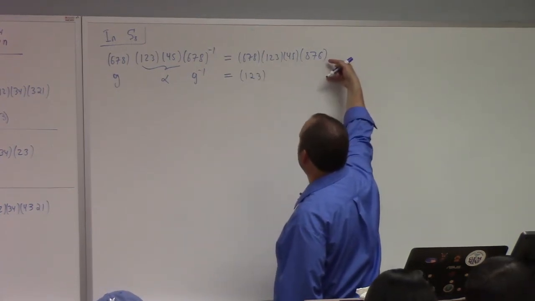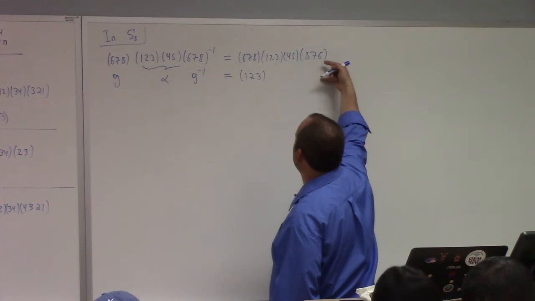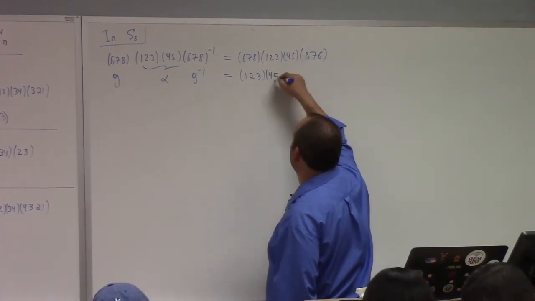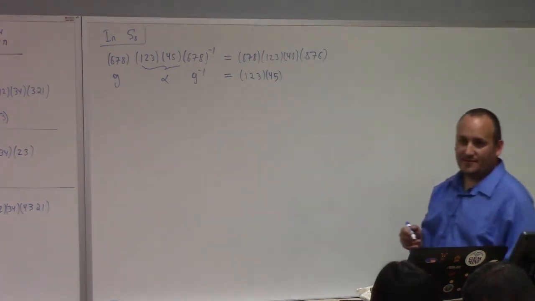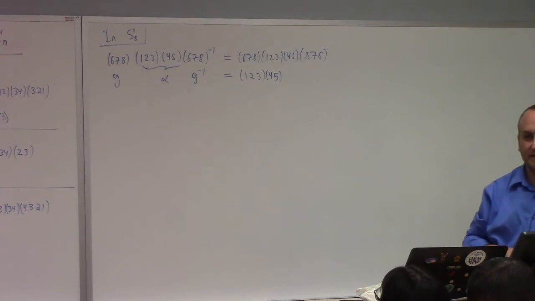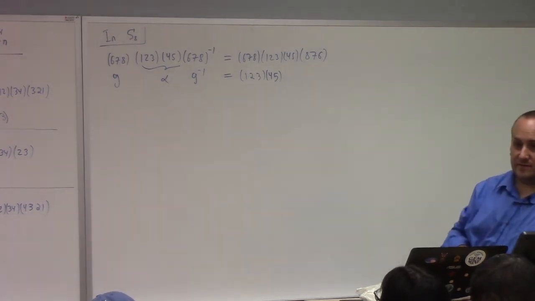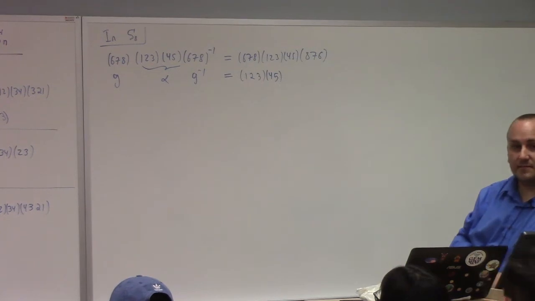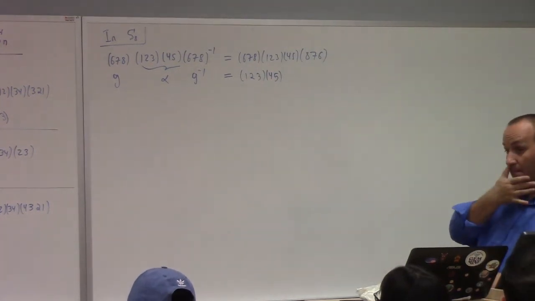And then 3 goes back to 1 again. Where's 4 go? 4 goes to 5. Great. This is not surprising because I conjugated by a cycle which doesn't move anything in alpha, right? So G and G inverse do nothing. They don't move anything. So they don't conjugate the cycle at all. I mean, they fix the cycle.